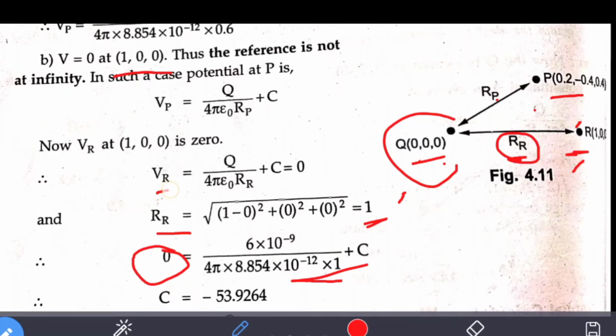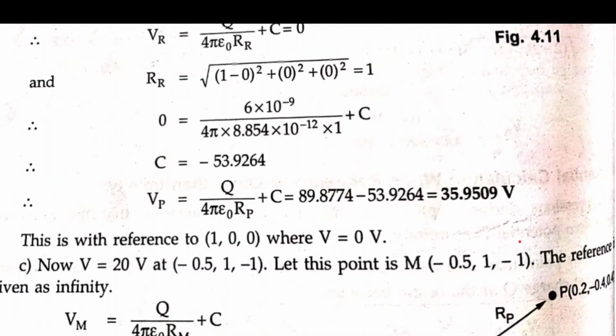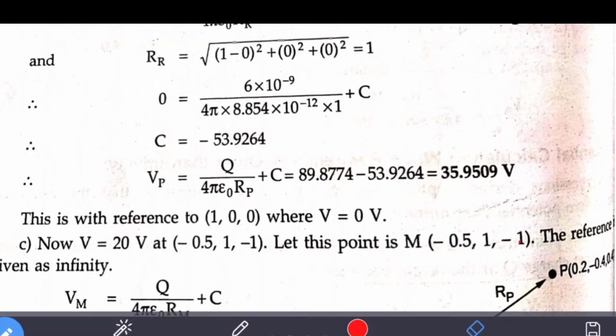The potential at point R is assumed to be 0. One constant C equals minus 53.9624, you obtain that. After that, potential at point P, that is Vp equals Q by 4 pi epsilon naught Rp plus C. Now we substitute this C as minus 53.9624 in this equation, then 35.9509 volts is obtained.